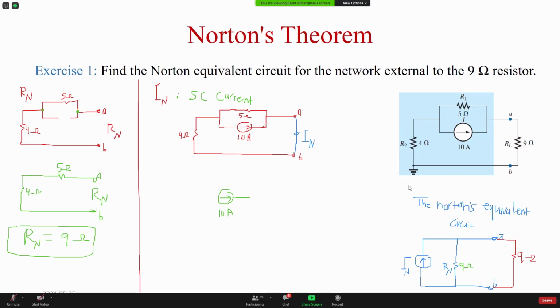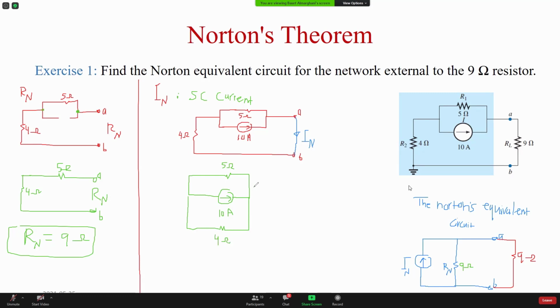Coming here, there is a point here, the 5 ohm, and there is this one here, the 4 ohm.